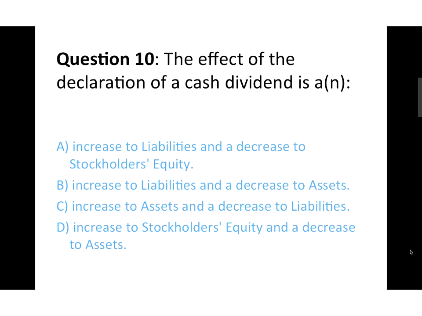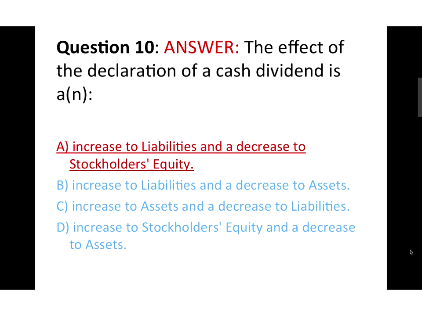Pretty good on the answers. The effect of the declaration of a cash dividend is increasing liabilities and decreasing stockholders' equity. We're doing a debit to retained earnings, which reduces retained earnings or stockholders' equity, and crediting dividends payable, which increases liabilities.